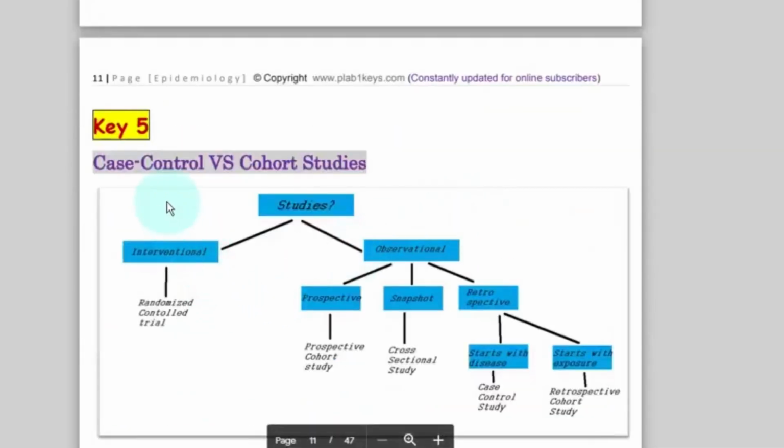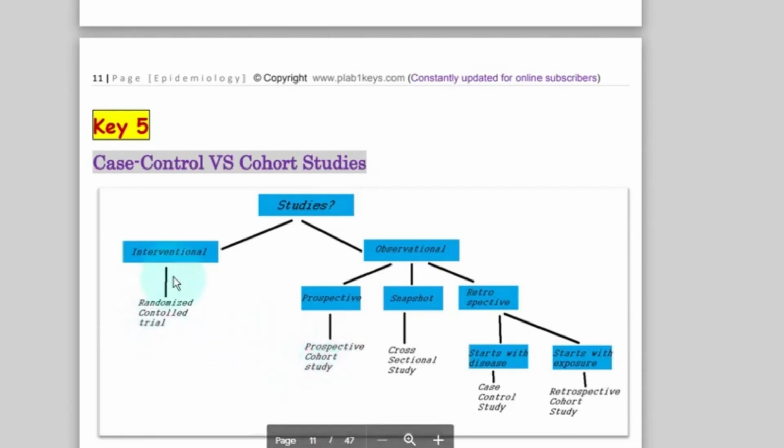Now what is this fuss about studies and trials? Studies you do for observation purposes. Trials you do for discovering a treatment. Studies are observational and interventional. Usually when the word study comes after a word or phrase, that means it's observational.